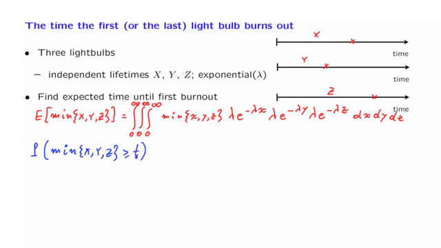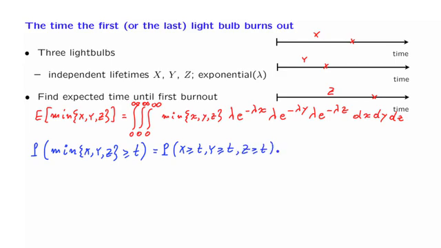What is this event? The minimum is larger than or equal to t if, and only if, all three of them are larger than or equal to t. So the probability of this event is the same as the probability that X is larger than or equal to t, Y larger than or equal to t, and Z larger than or equal to t.